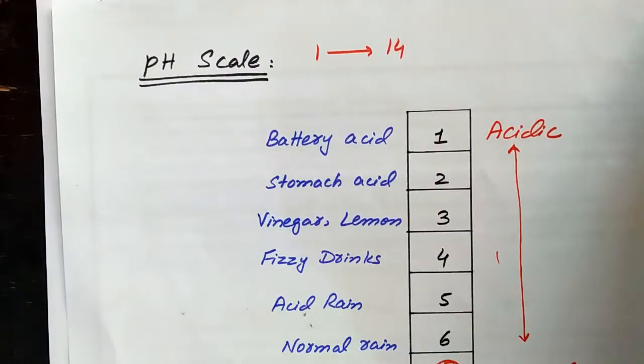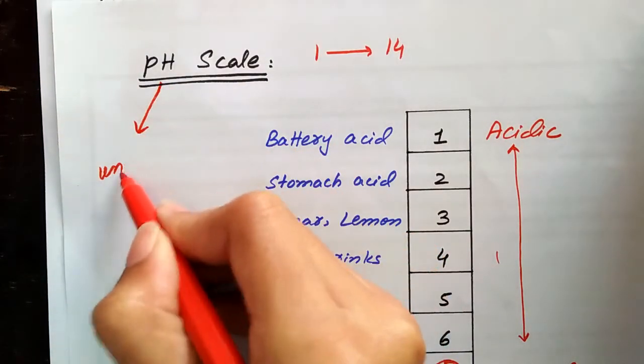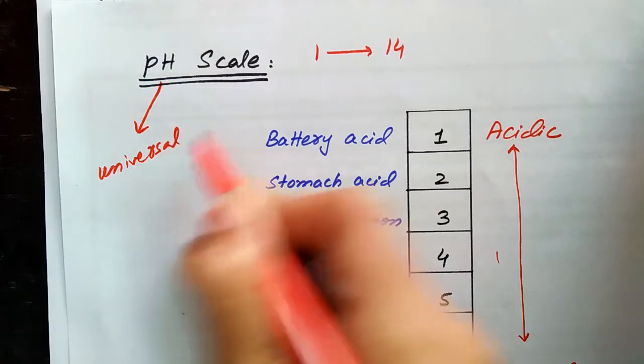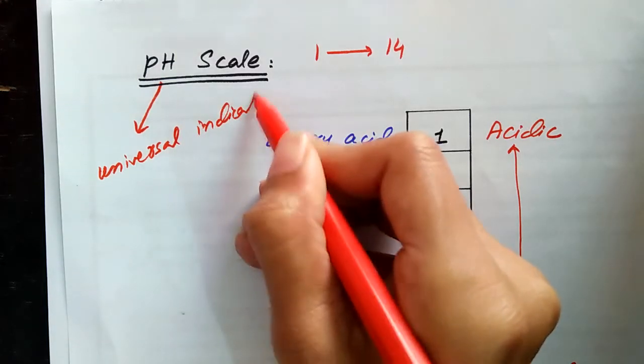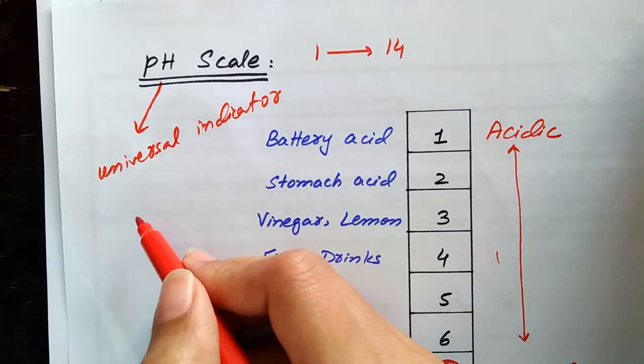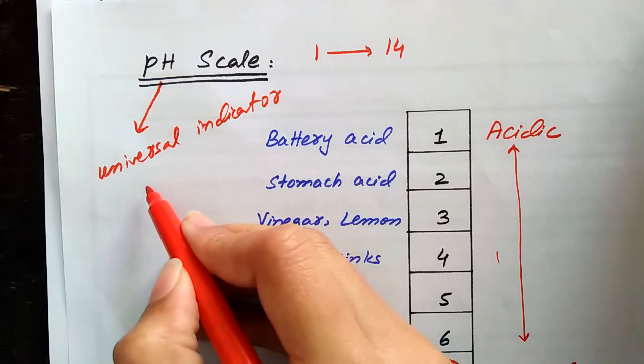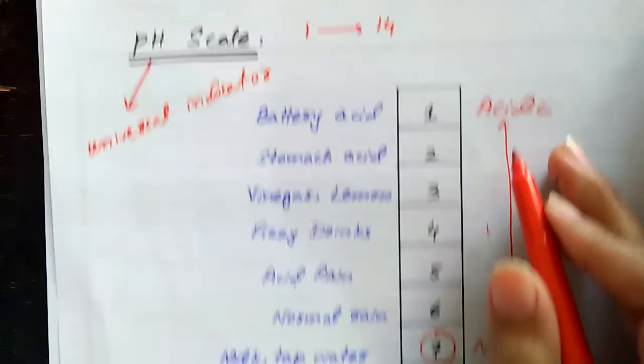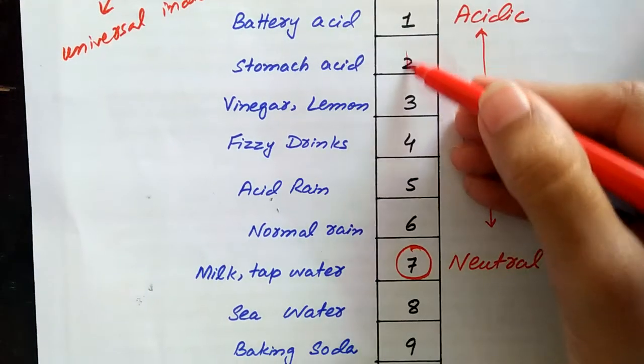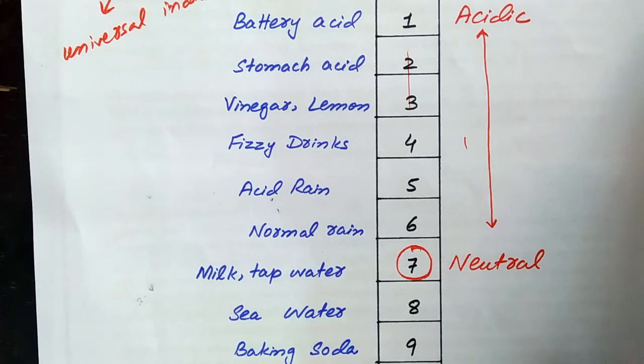The pH scale is basically a universal indicator. These pH numbers show different color changes.